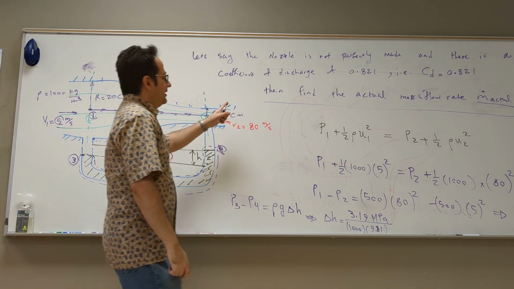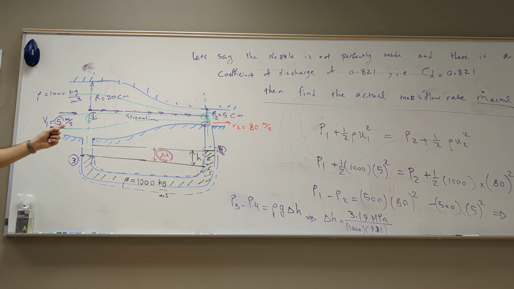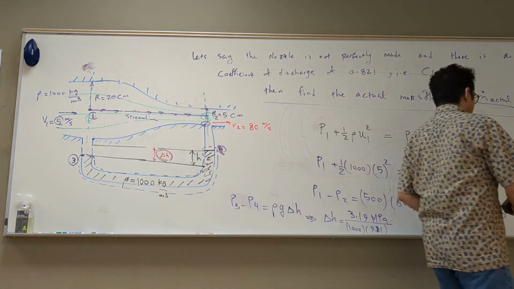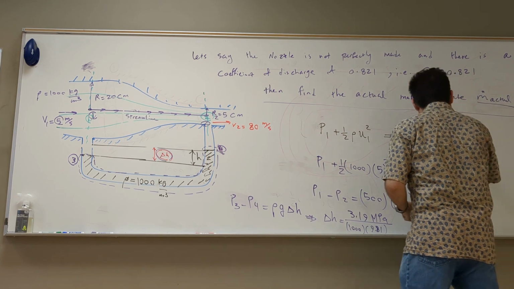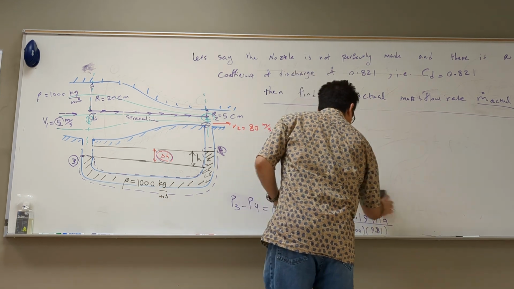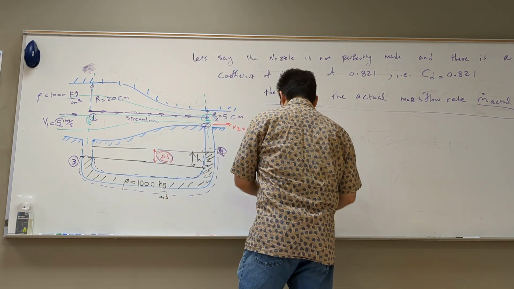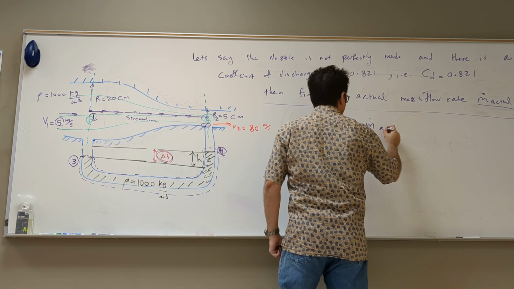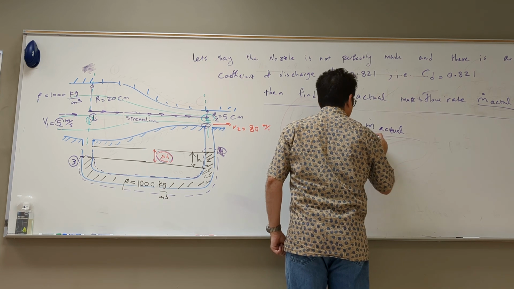That's the reason we use the coefficient of discharge. This coefficient of discharge is given to you for this type of nozzle, and what we have to find is the actual flow rate. Now, the solution to that, I write the equation here. The coefficient of discharge is m dot actual over m dot ideal.